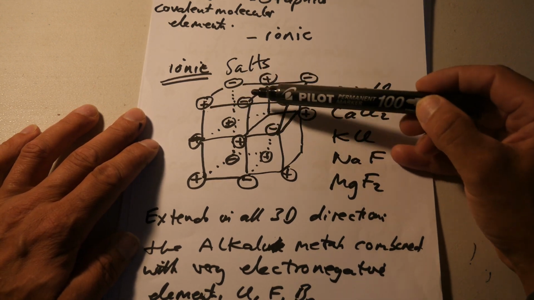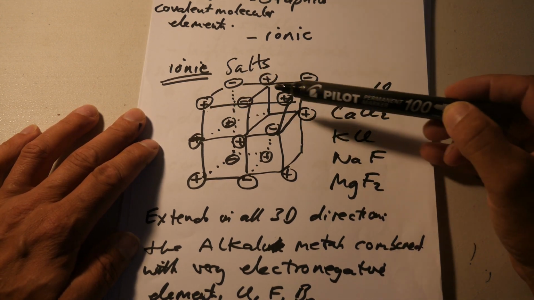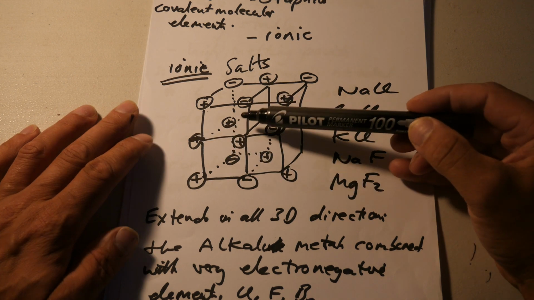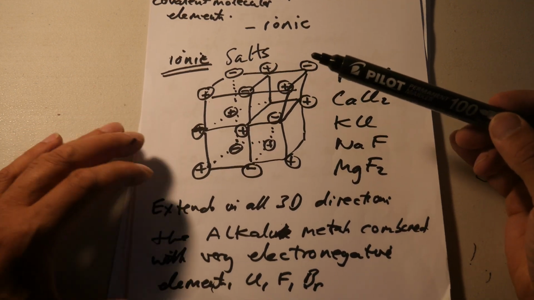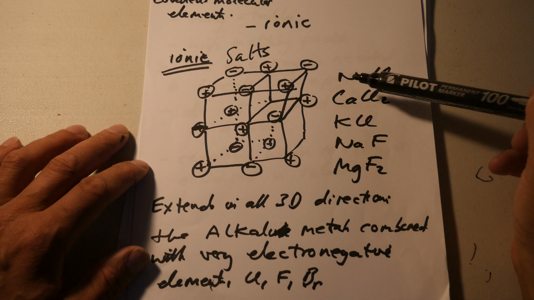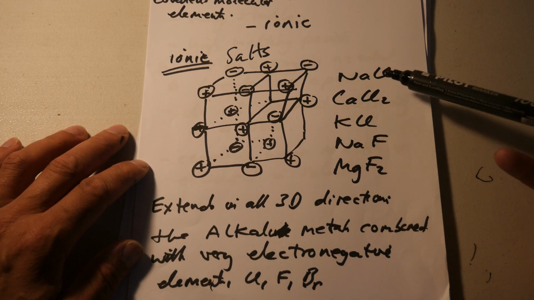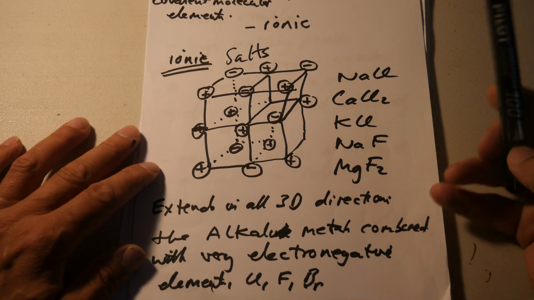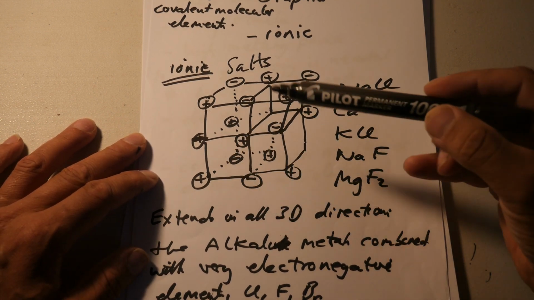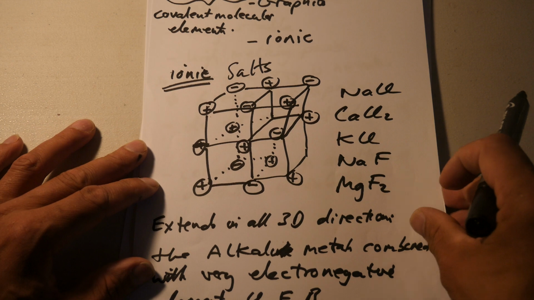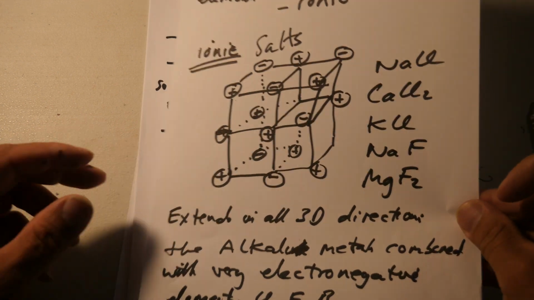So you get positive, negative, negative, positive, and they all fit closely together. It's a combination of alkali metals combined with electronegative elements like chlorine and fluorine. So this forms a three-dimensional structure, salt crystals.